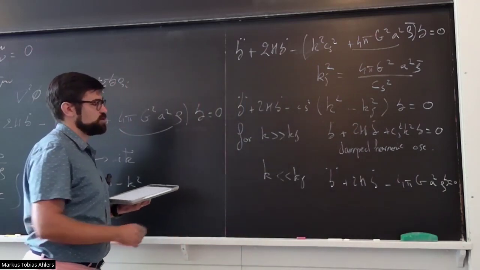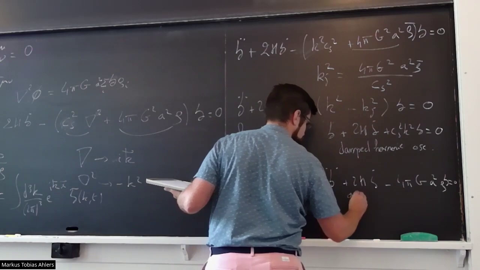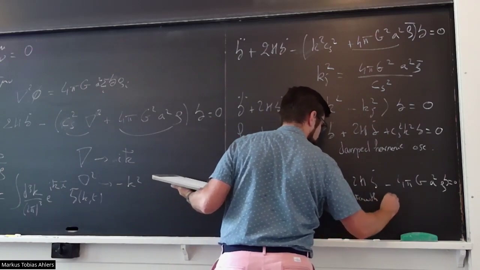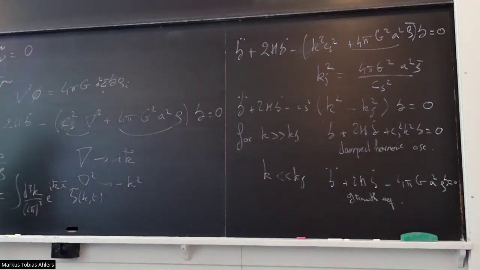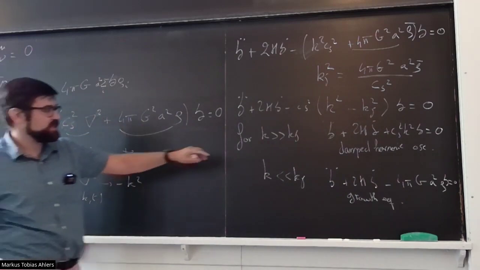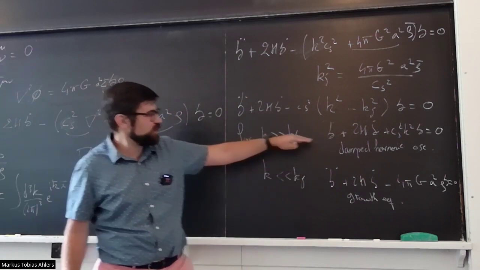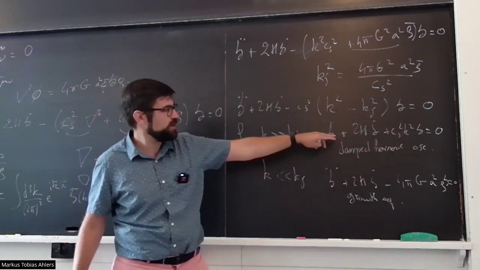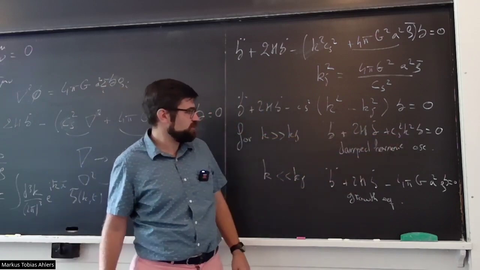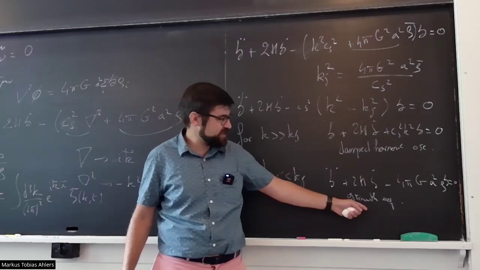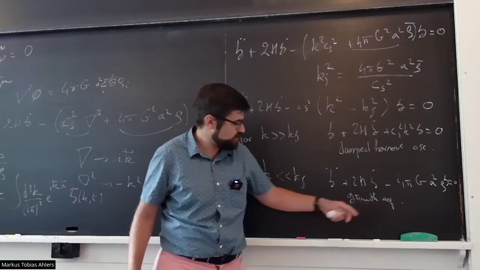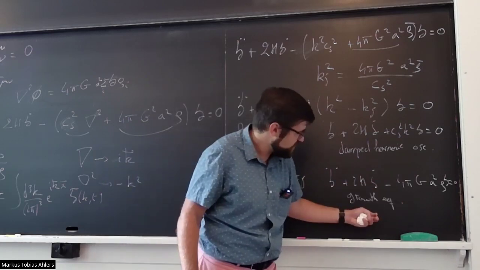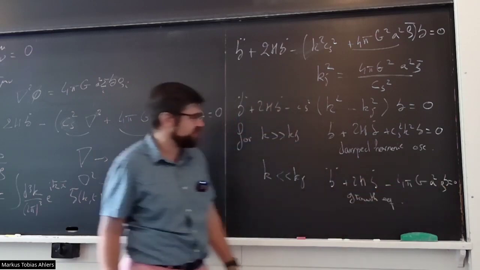So this is just a growth equation. And we can solve these equations. Obviously, the first is going to be an oscillatory pattern times some damping function in front, and this one is going to give me a solution where delta grows with the scale factor.